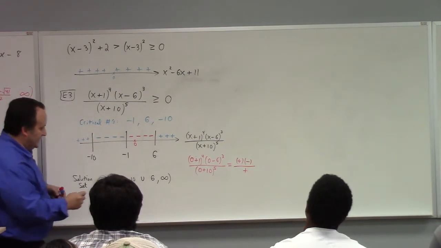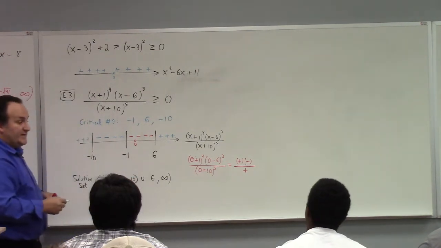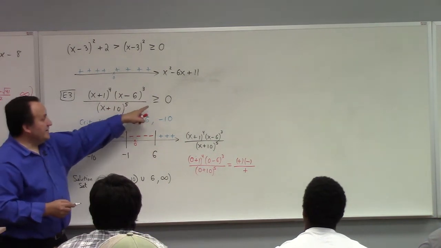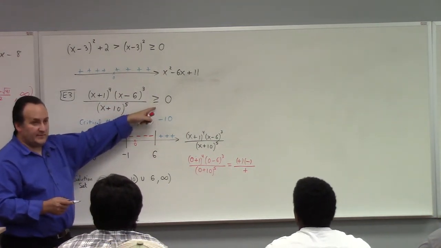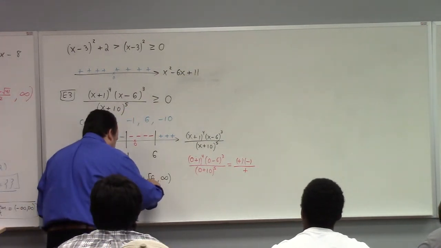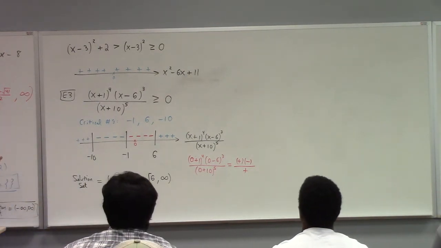We have to exclude minus 10 because there's division by 0 there. How about 6? Are we looking for 0 as a possibility? We are. Equal to 0 is part of it. So yeah, we include 6. Square bracket.